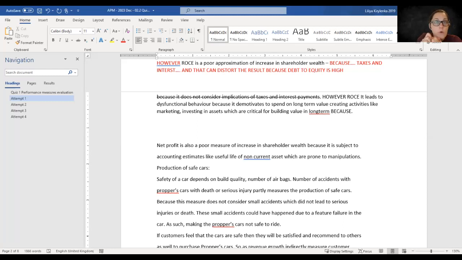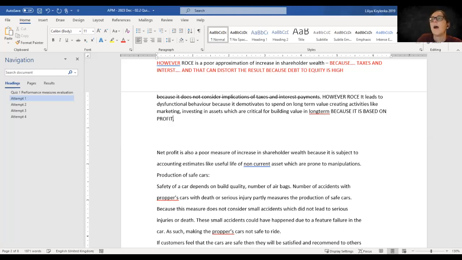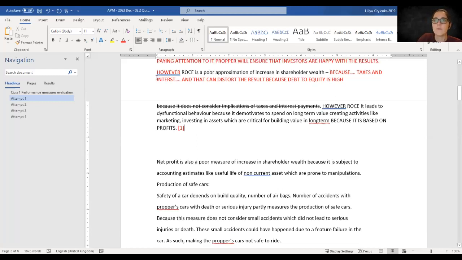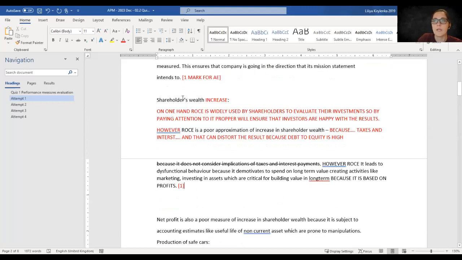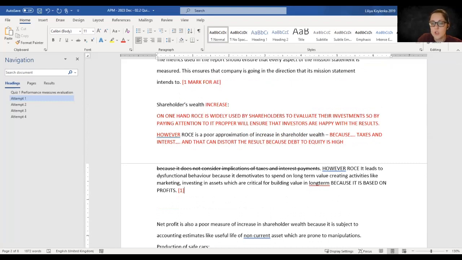Well, because it is a profit-based measure. Yes, it is based on profits. Okay, well, that part is okay. So for that, you would get 1 mark if you had this positive part first, because right now it looks like you just took something that was not needed.